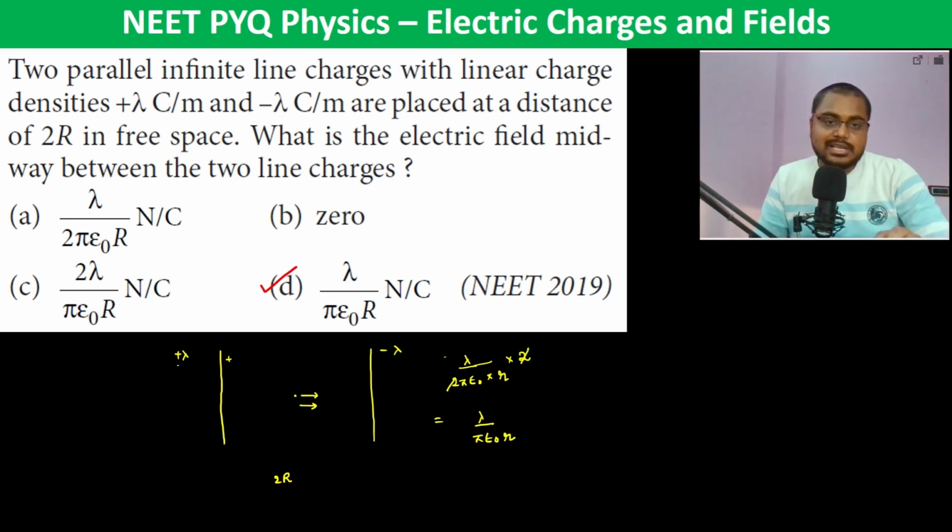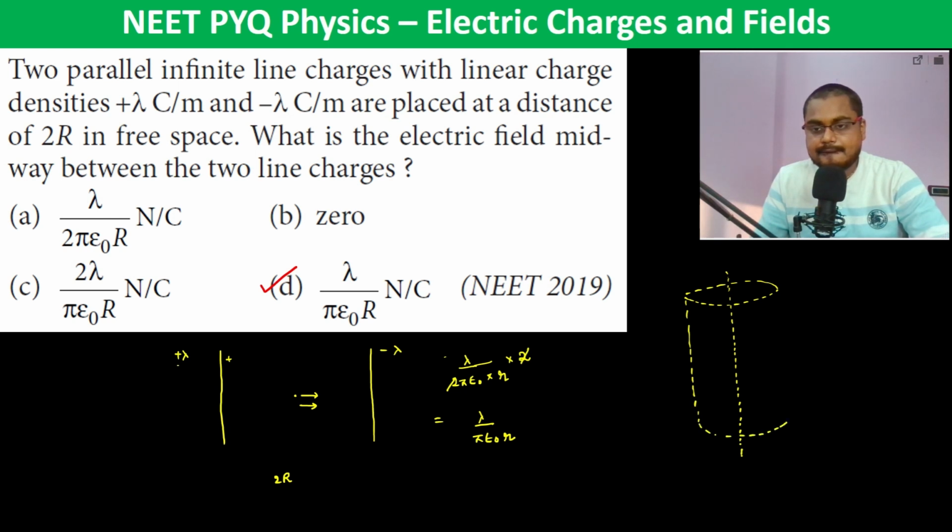ओके अब ये फॉर्मूला कैसे आता है, जो कि मैंने डायरेक्टली यूज कर लिया, वो हम लोग देखते हैं. So this is the infinite line charge. We construct a Gaussian surface around it like this, and this is r.